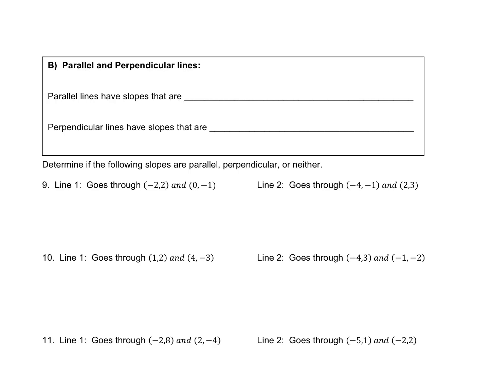So we're going to talk about parallel and perpendicular lines. So parallel lines have slopes that are what? The same. So the slopes are the same. Versus perpendicular lines have slopes that are different. They are negative reciprocals.